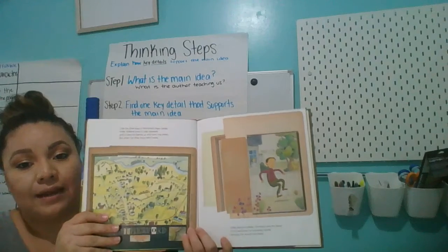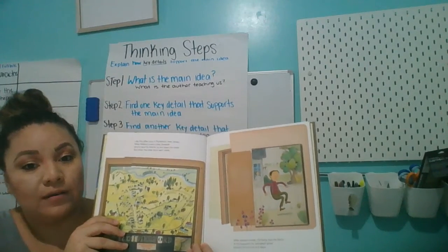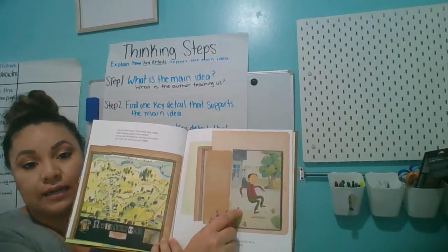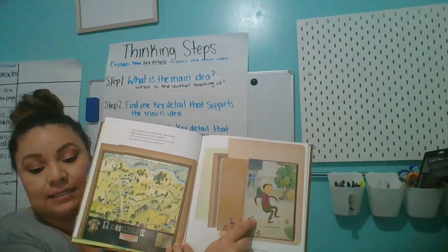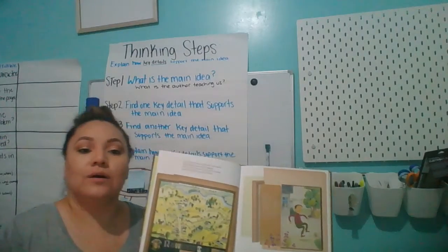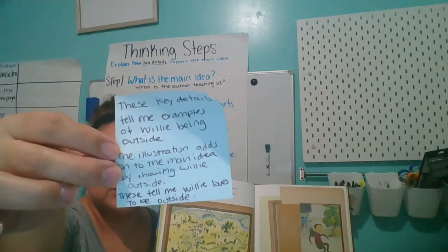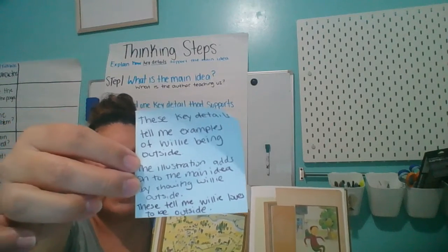And remember that I said that the illustrations help add to your main idea? Well, in this illustration here, I see that Willie is outside. So this illustration adds on to my main idea that Willie loves to be outside. So I'm going to write it all together and say that these two key details tell me examples of Willie being outside.